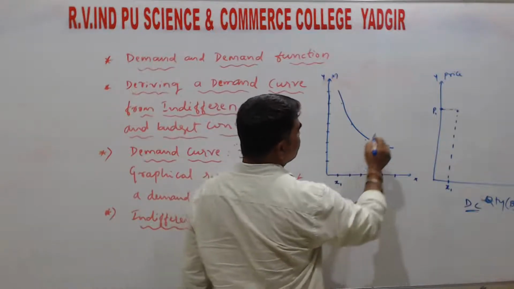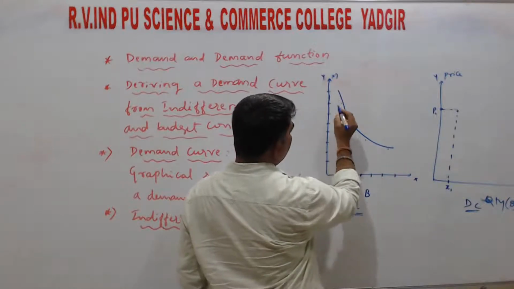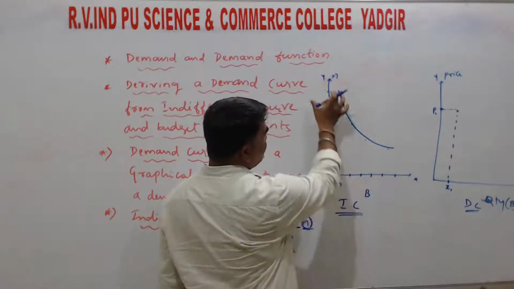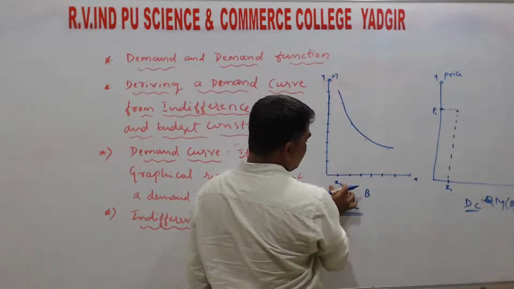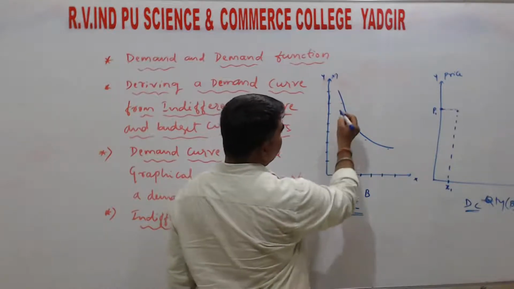In the bundle we have two goods, banana and mango. This is the quantity of banana, then this will be the quantity of mango.